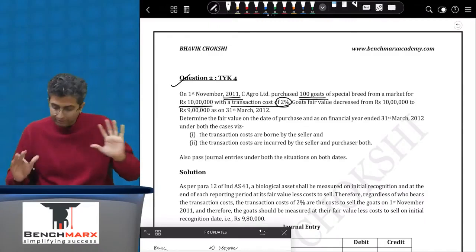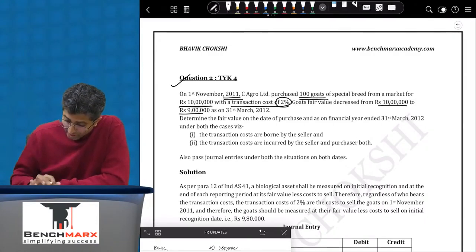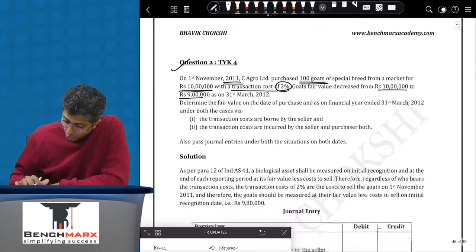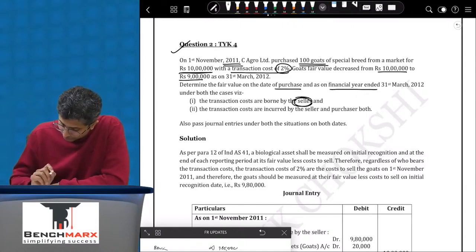They have not told as of now. The goats' fair value decreased from 10 lakhs to 9 lakhs as on 31st March 2012. Determine the fair value on the date of purchase and on the financial year end in both the cases. That is, the transaction costs are borne by the seller only.